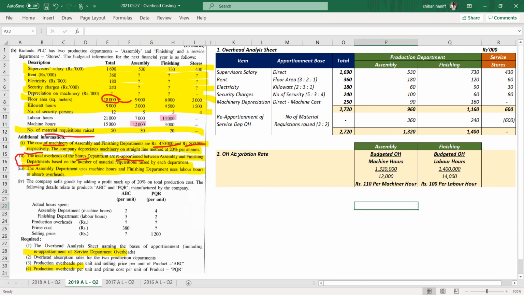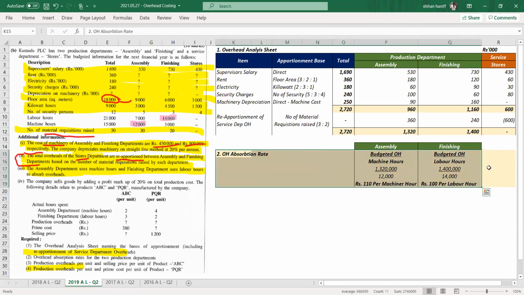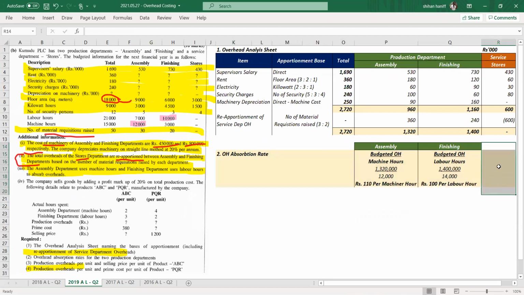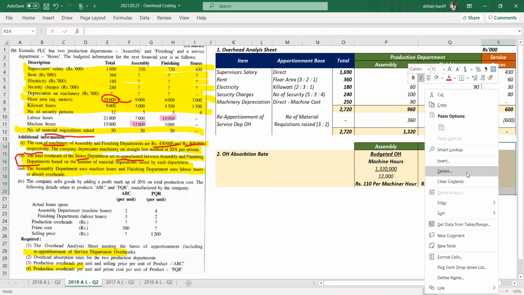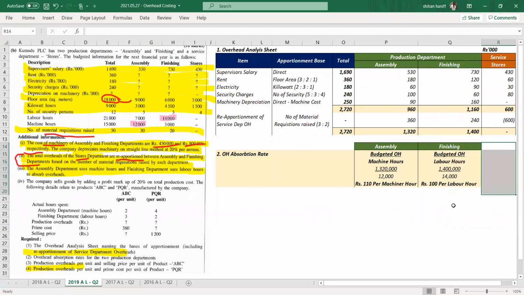So that's how we calculate the overhead absorption rate. That's the second part.